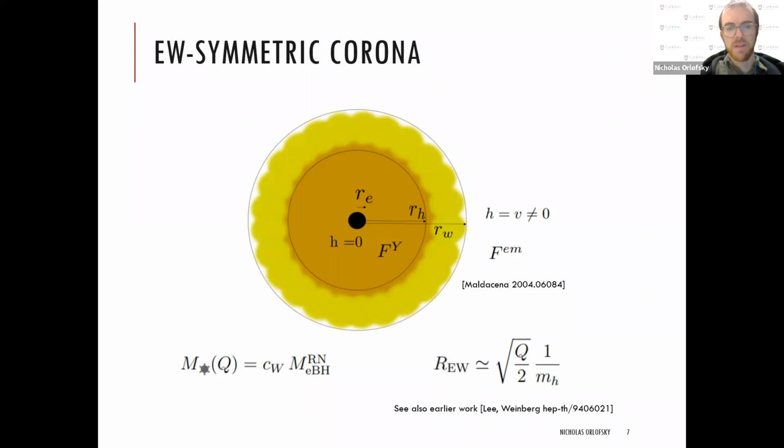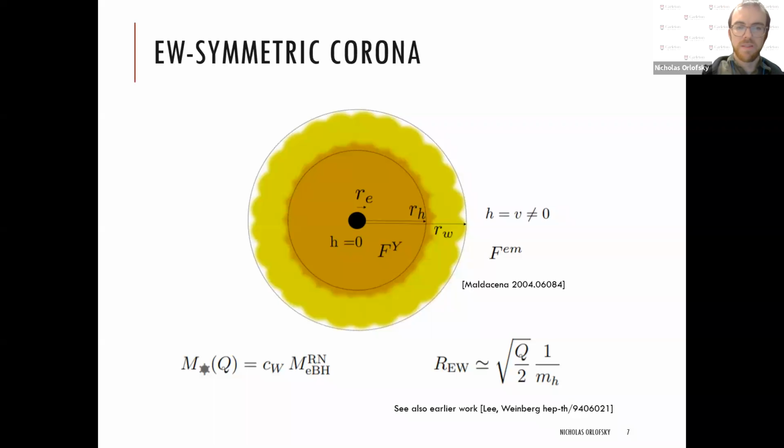And so we can show a picture of what this looks like. This whole phenomenon of how this happens around a magnetic black hole was recently pointed out in this paper by Maldacena over the summer, and that's what this figure is from.